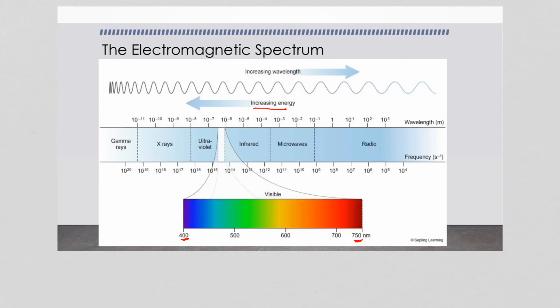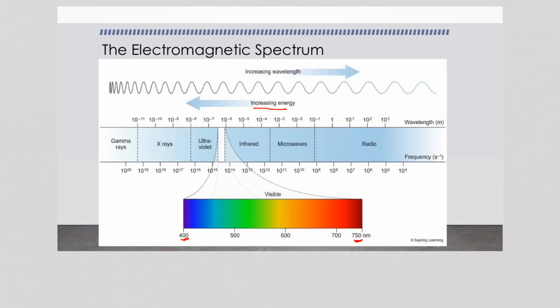Now, if we go to even longer wavelengths, we get into a regime known as microwaves, which we commonly know as a way to cook, right? Microwaves are what's used in microwave ovens to heat up and cook food, and it does this by exciting or activating water molecules, which heat up as they start to move faster and faster due to the microwaves, and that heats up the food.